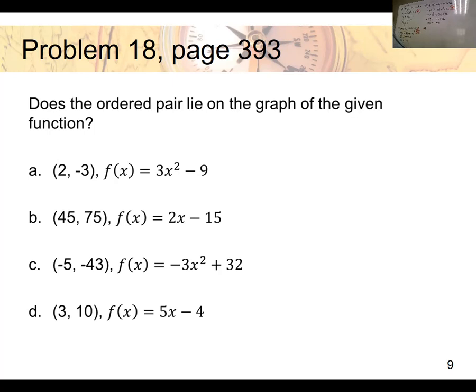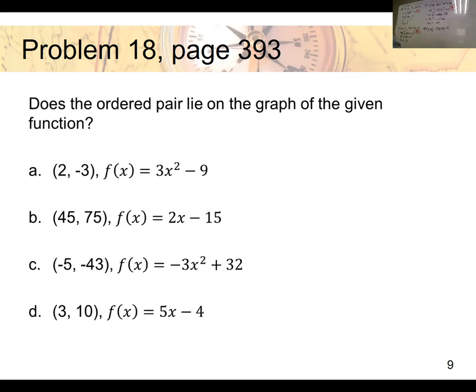All right, and part D. The ordered pair is 3, 10, and the function is f of x equals 5x minus 4. So here, x is 3, the f of x is 10.